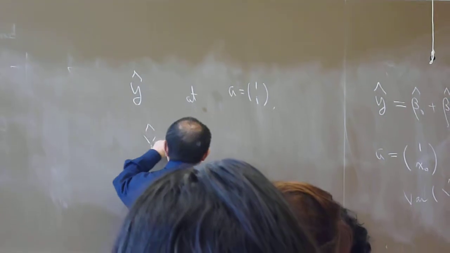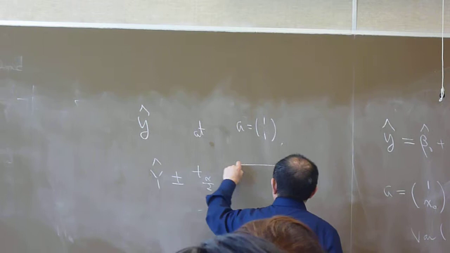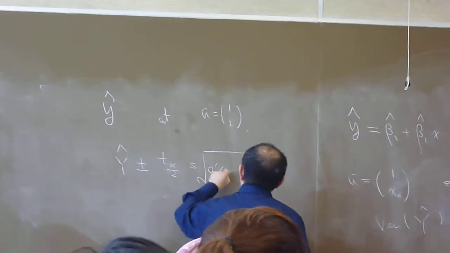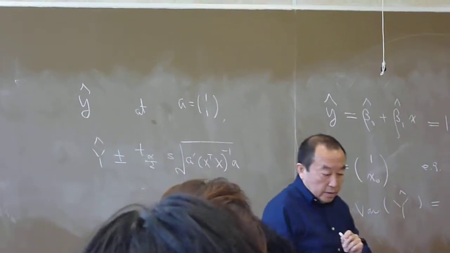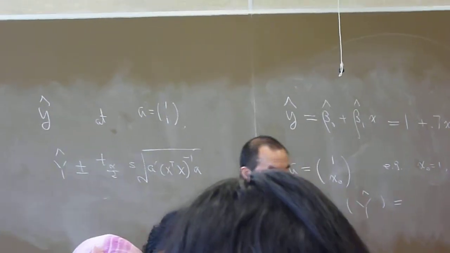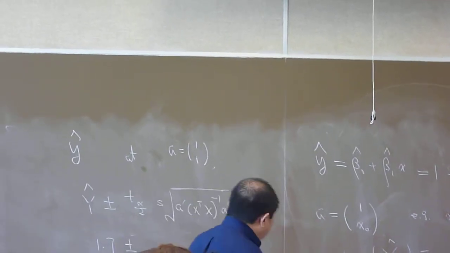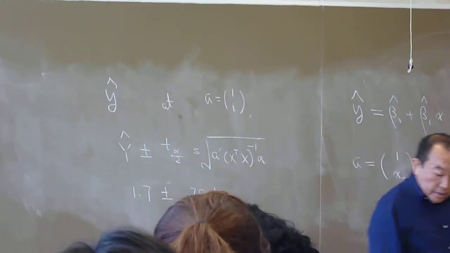You have your y hat plus and minus t alpha over 2, multiplied by the quantity. Here, we don't have the sigma, so we use s to denote that. And here I have a transpose x transpose x inverse times a. That's what you have for this. So if you plug in all the numbers, you get 1.7 plus and minus 0.78.